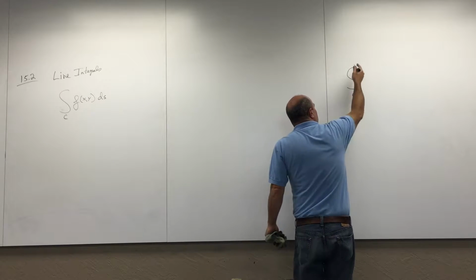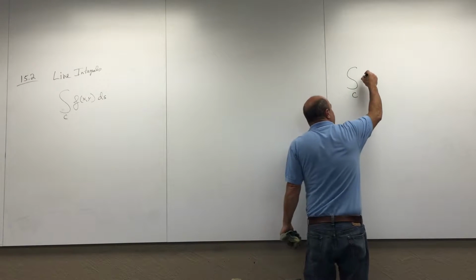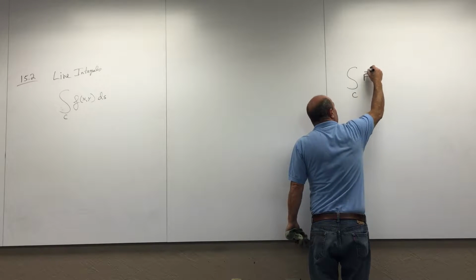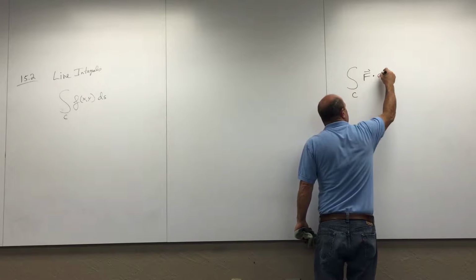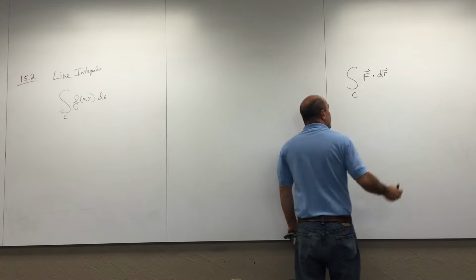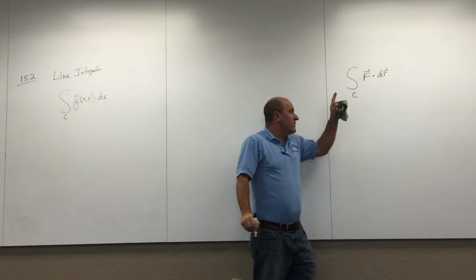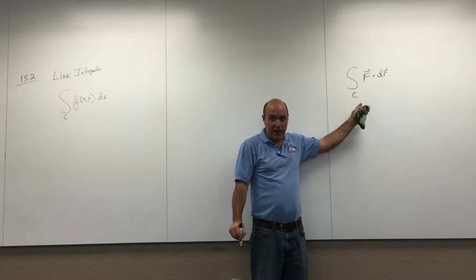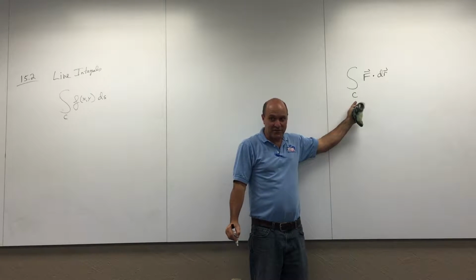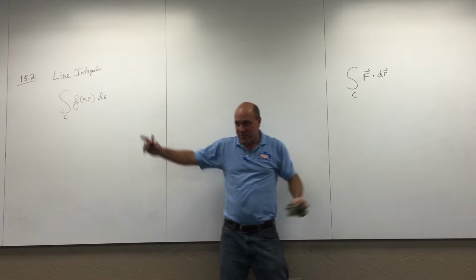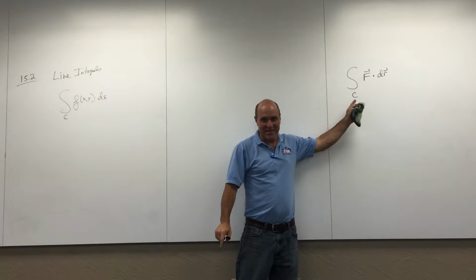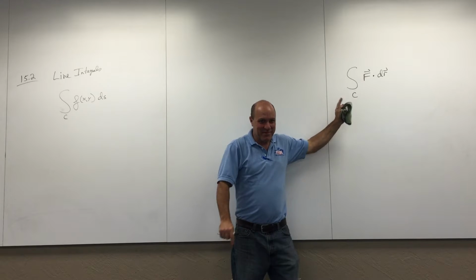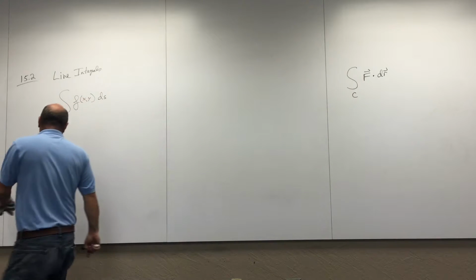Another line integral where you're integrating over a curve, but now you're integrating the vector field dot dr. So this is actually a more important line integral here, and when we get around to our test, it'll be full of these. There might be one or two of these, but it'll be more of these. But let's fight through this guy first here.